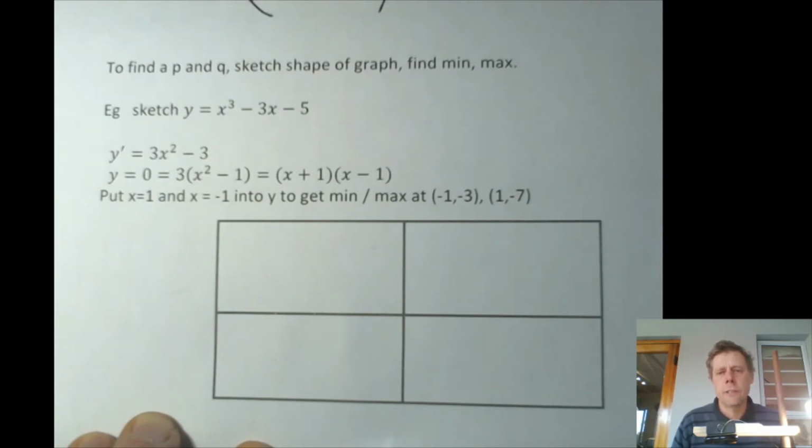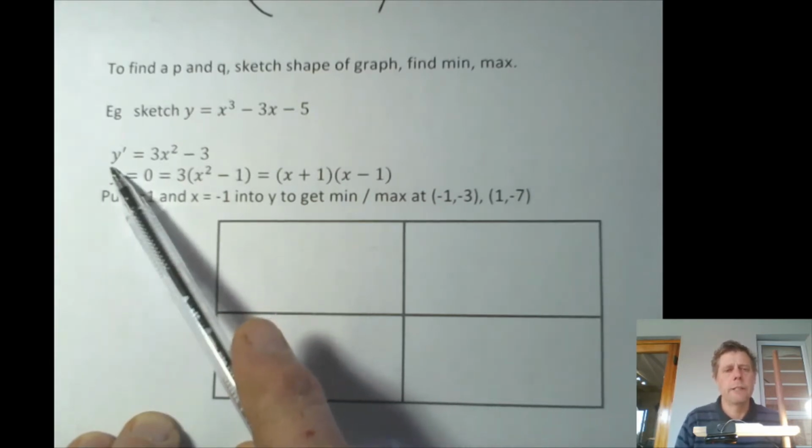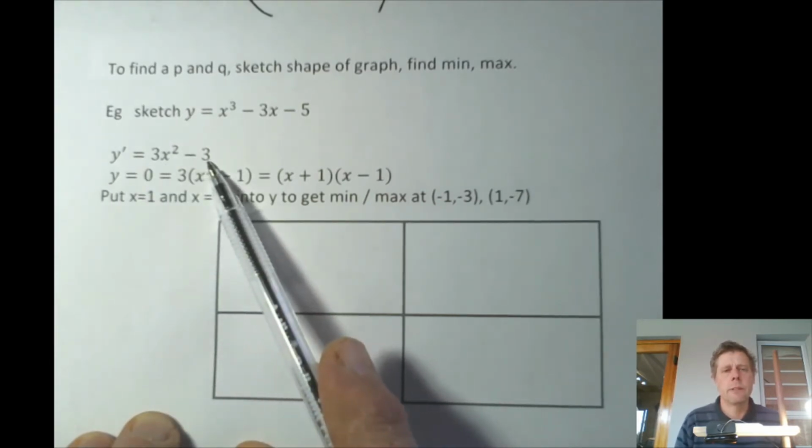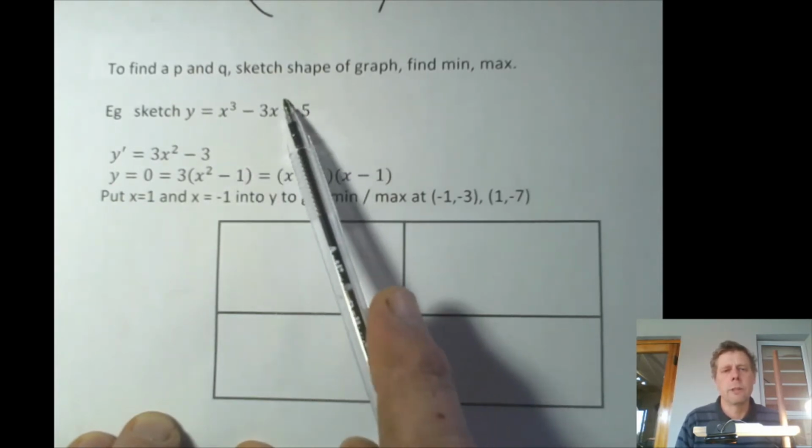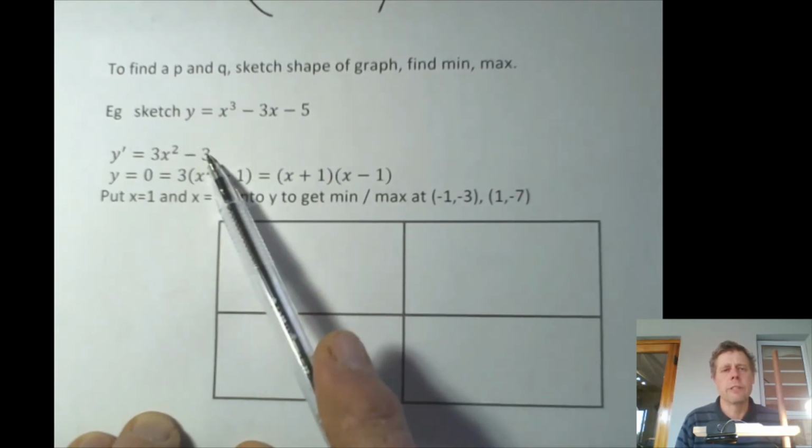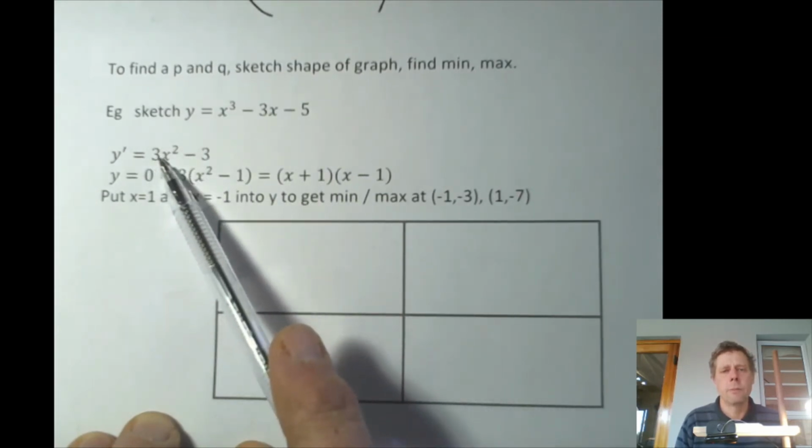It's difficult to find the roots of a cubic equation, but it's very easy to find the roots of a quadratic equation. And if we differentiate, that's what we get. So we get y dash equals 3x squared minus 3. If we set that to 0, we can find the min-max of our cubic. So first of all, differentiate, and then find the coordinates of your min-max.